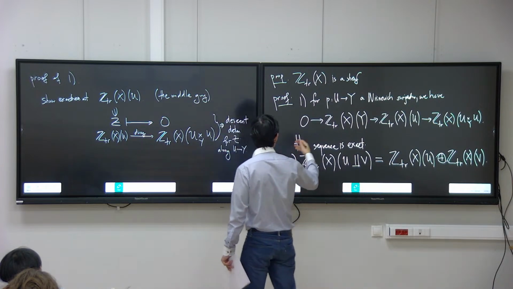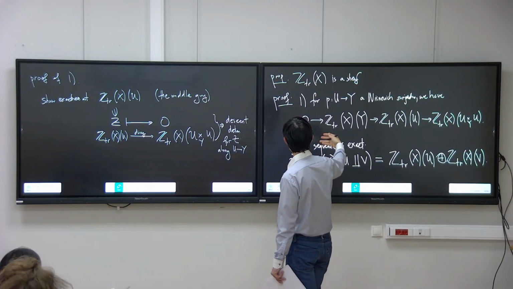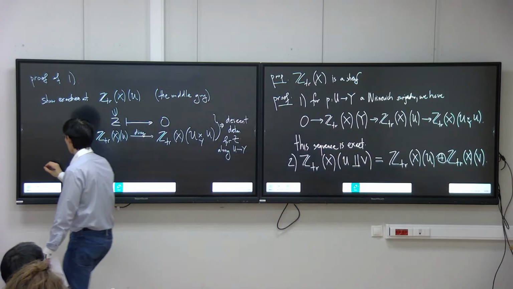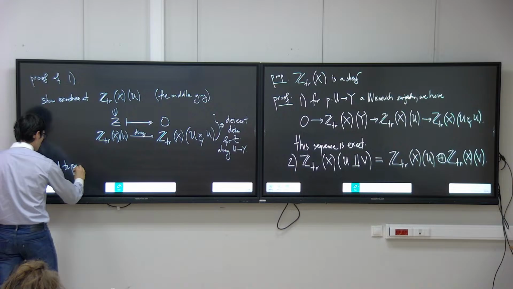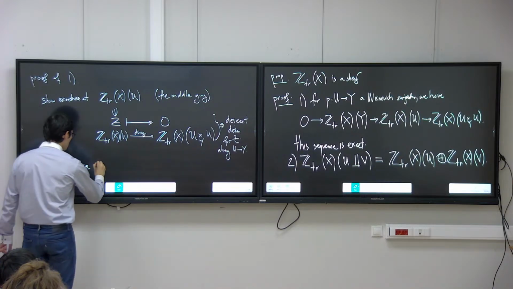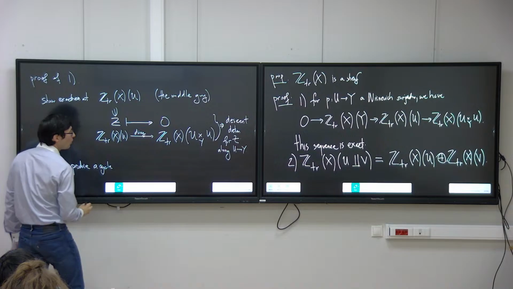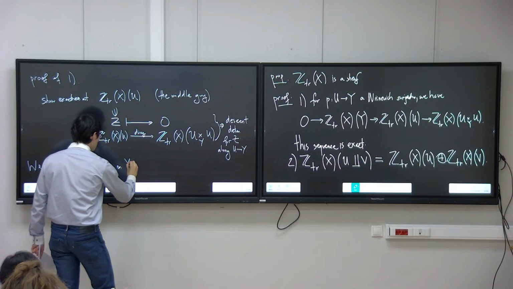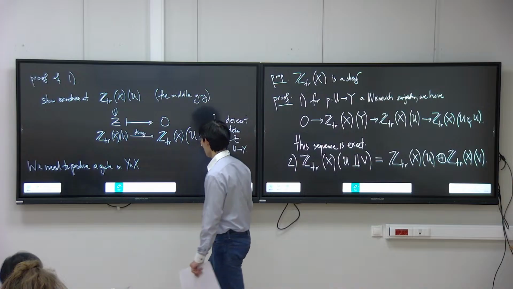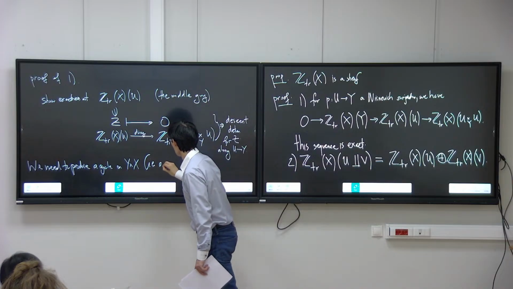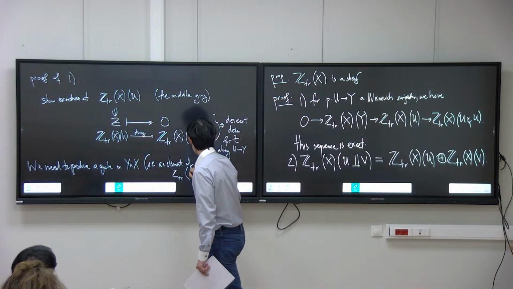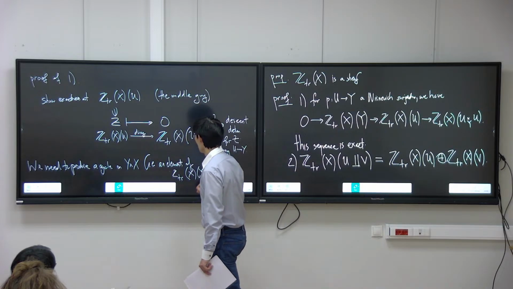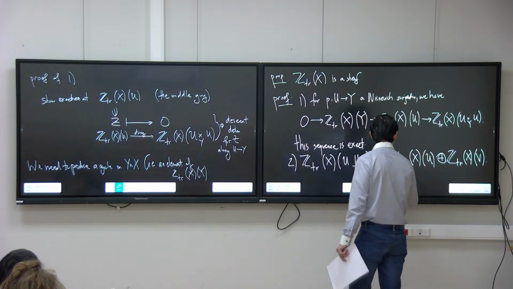Okay, so we need to produce from this information a cycle on y times x, i.e., an element of ZTR_XY. One natural candidate is the following.